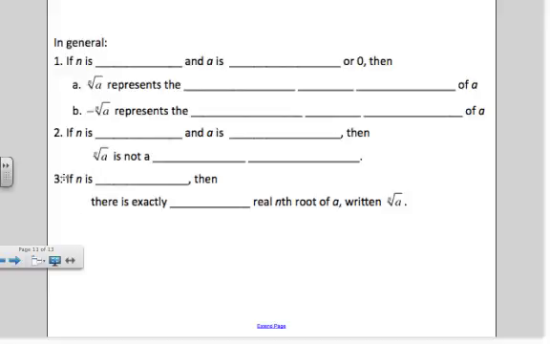So, in general, if n is even and a is positive or 0, okay? So, we're assuming this is positive. The nth root of a represents the principal nth root of a, and this negative represents the negative nth root of a.